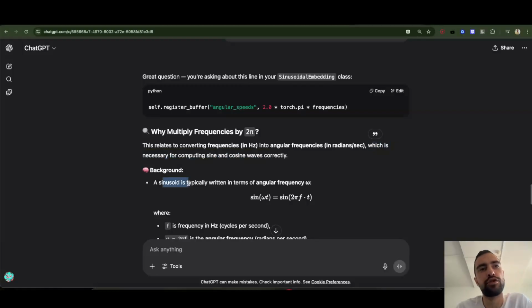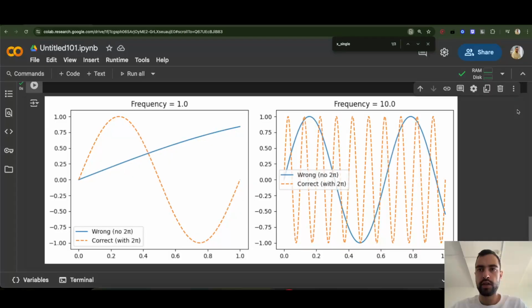A sinusoid is typically written in terms of angular frequency omega. So sine of omega t is equal to sine of 2 pi frequency times t. So we are converting to 2 pi frequency. We want to actually have it as this omega. So this is important to understand.